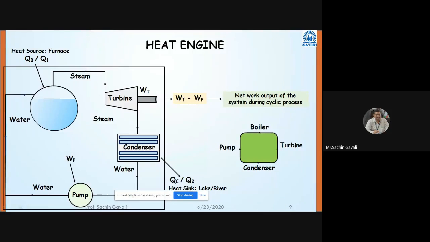So WT minus WP will be the net work generated.